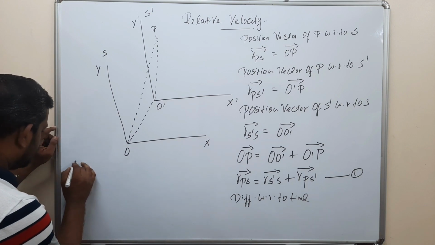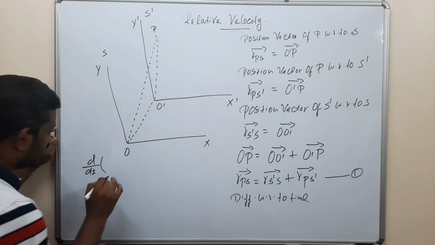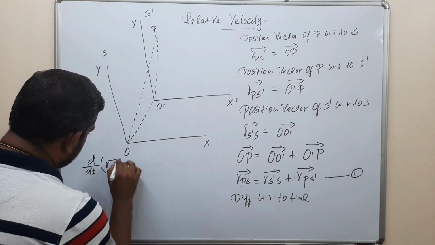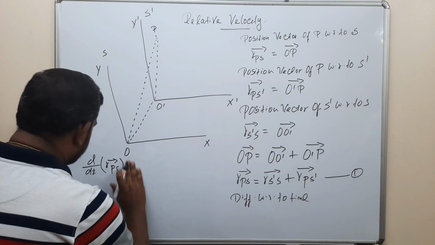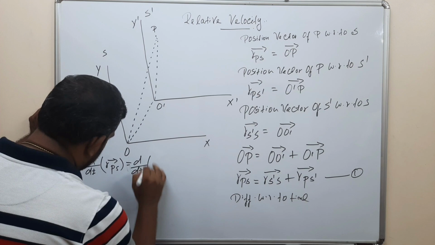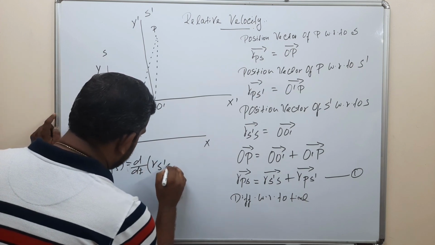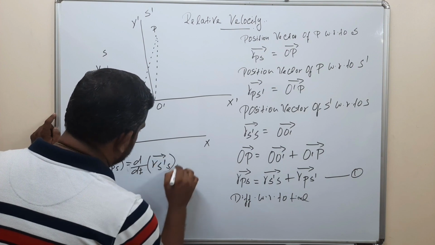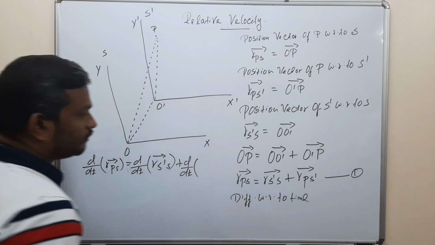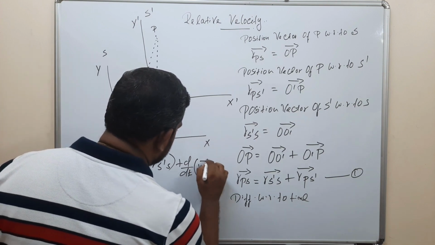So d by dt of R P S vector is equal to d by dt of R S dash S vector plus d by dt of R P S dash vector.